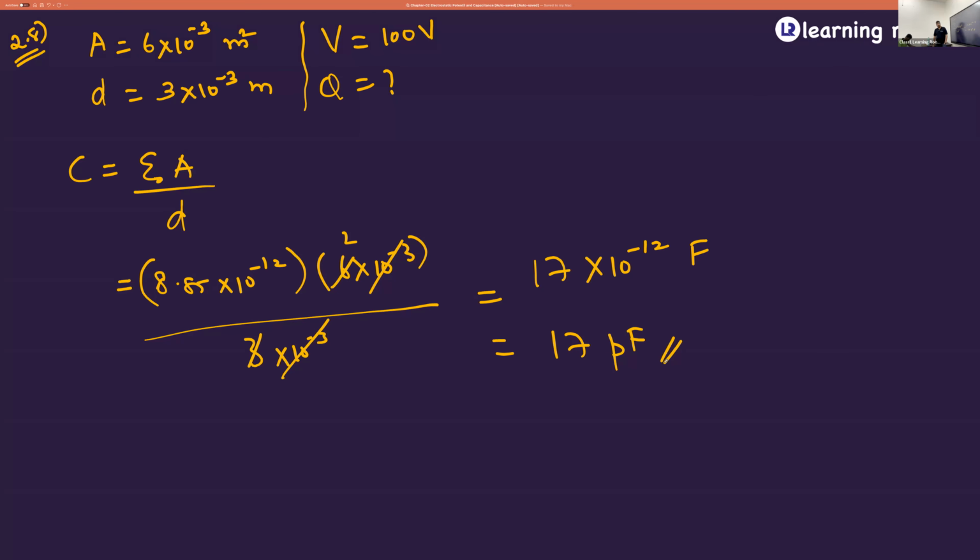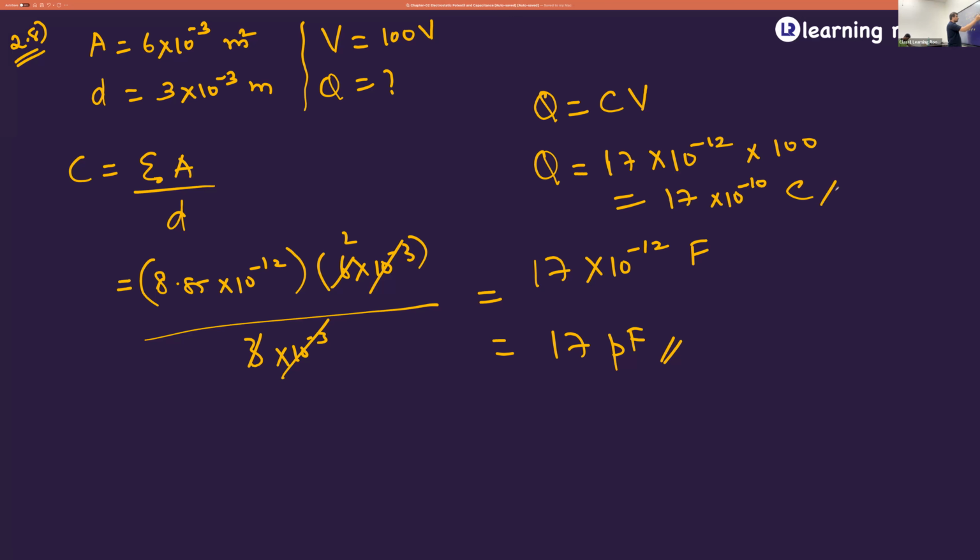Am I clear with this? Now, if this is the value of capacitance and this is the potential difference that you have connected, what will be the value of charge that is stored? Q will be equal to CV. Q is equal to 17 into 10 power -12 into V, which is 100. So the answer will be 17 into 10 power -10 coulomb.